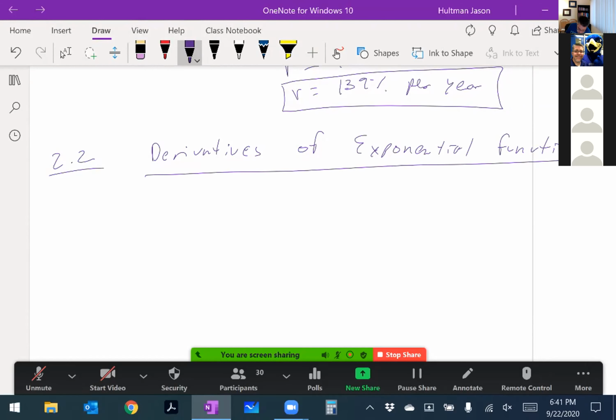Okay, so what's nice about exponential functions is that it is its own derivative. That's kind of cool. It's a very special, really nice property of e to the x that it is its own derivative.